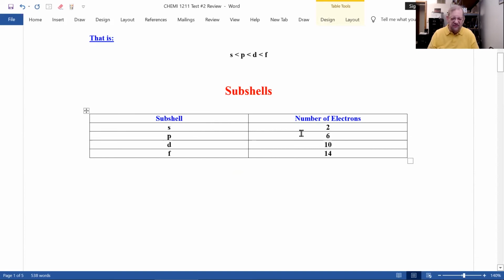Subshell S, you can only put 2 electrons, P 6, D 10, F 14. Once again, as I have up here, S is the lowest energy, and F is the highest energy.